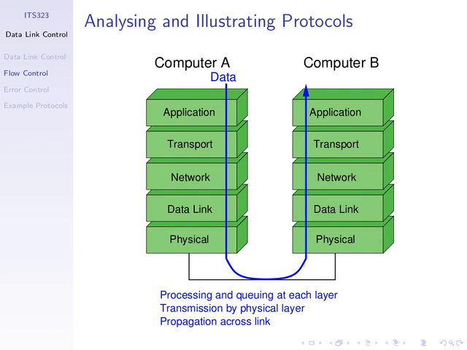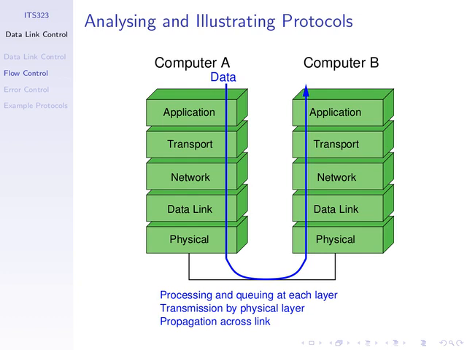Now, before we look at how flow control works, we need to describe something else. We need to describe how we're going to illustrate the operation of protocols. So this is something different, but it's going to help us in explaining how protocols work. You know these 5 layers of the stack. There were several questions in the exam about what each layer does, but you've memorized the 5 layers.